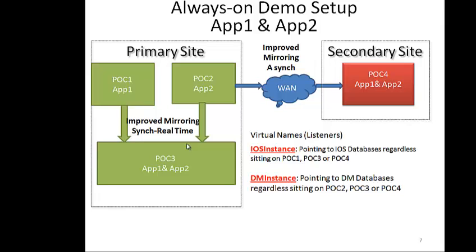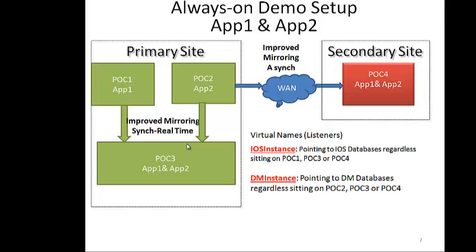Now we have created two virtual names, which are the listeners, and the listener names are iOS instance and DM instance. So iOS instance is the app1 instance and DM instance is the app2 instance.